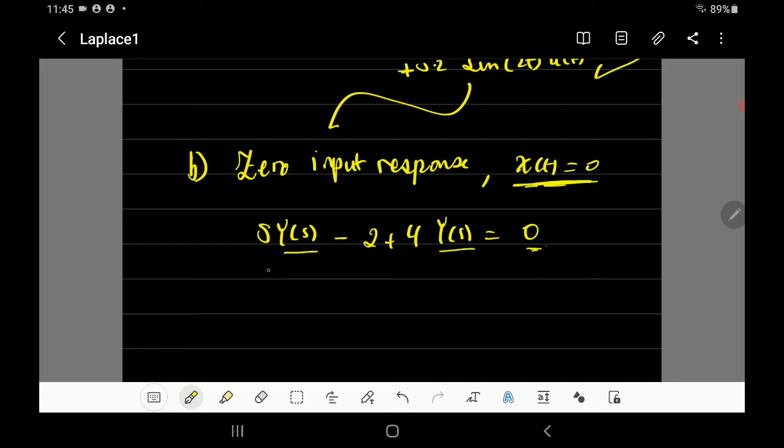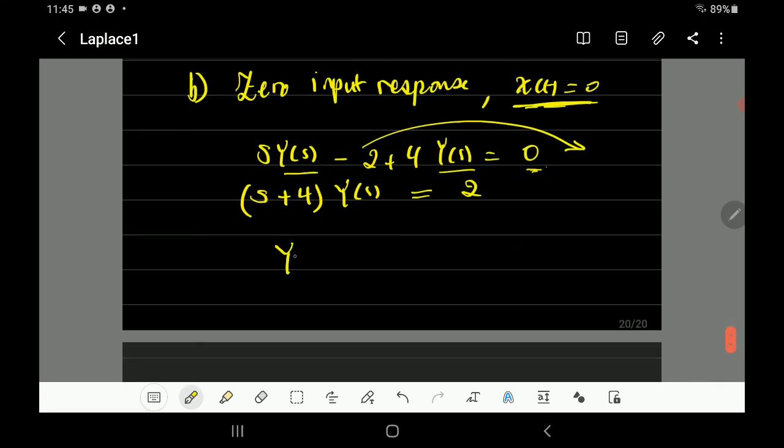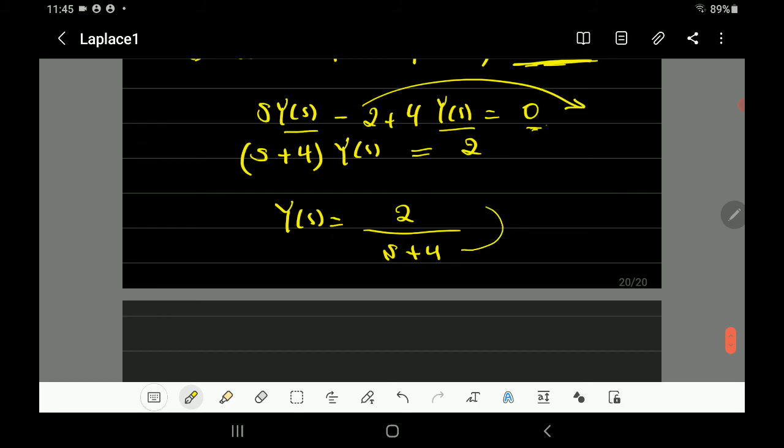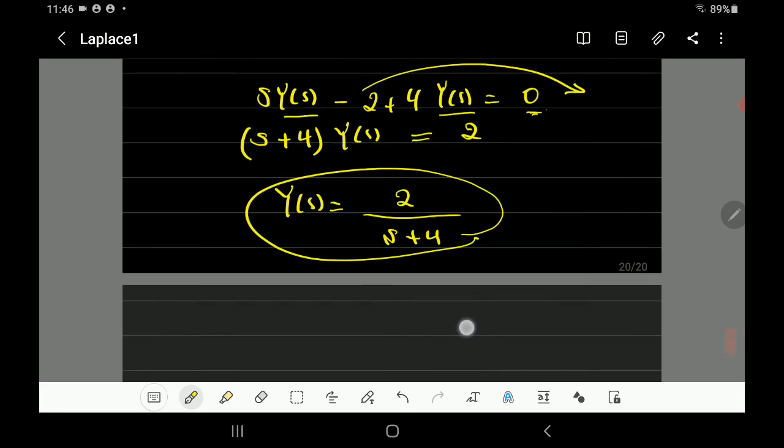You take the common factor, so you have s plus 4 times Y(s) equals minus 2, but the 2 goes to the other side. So you have Y(s) equal to 2 over s plus 4. That's the equation of Y(s).